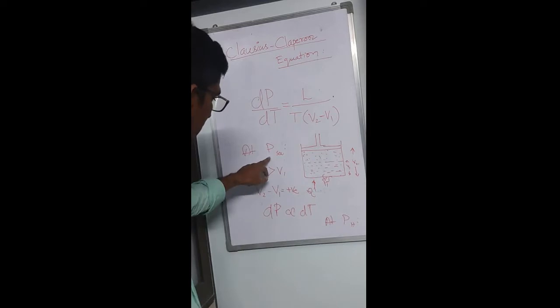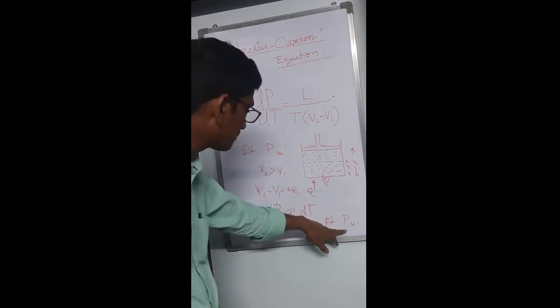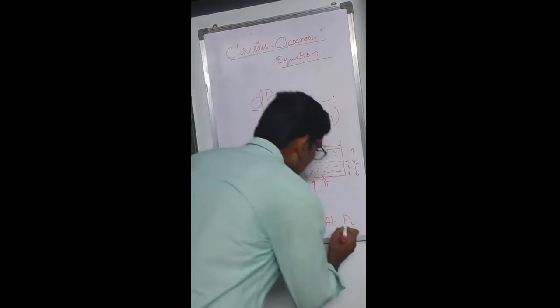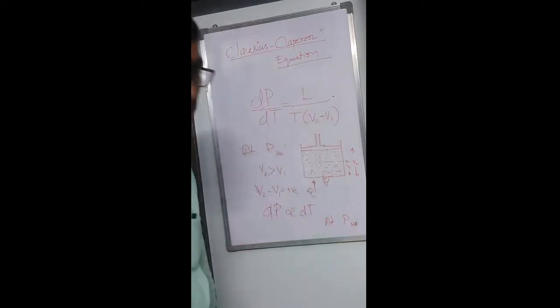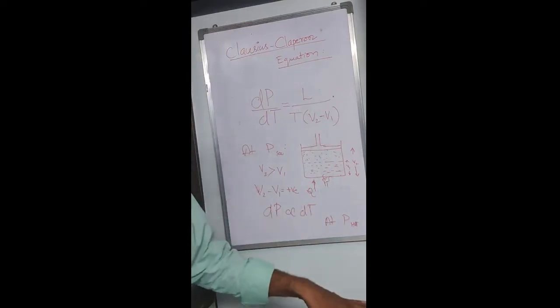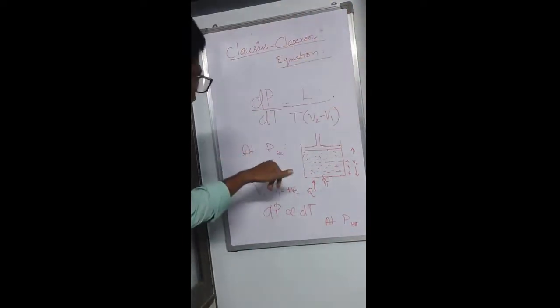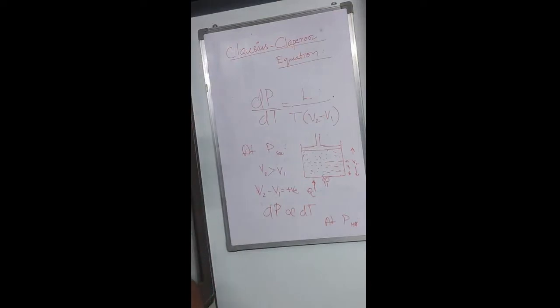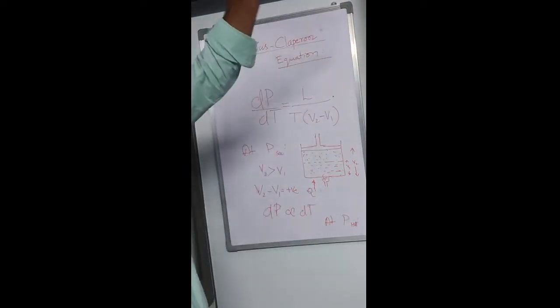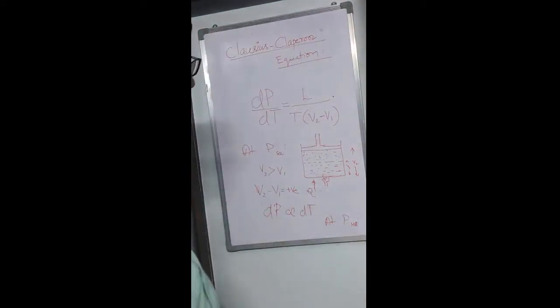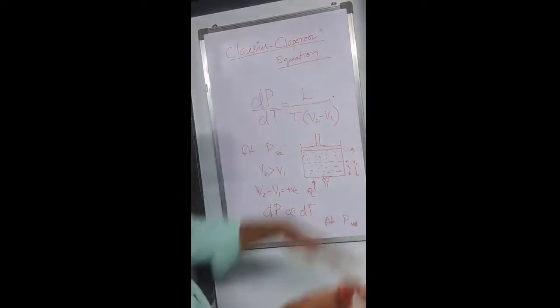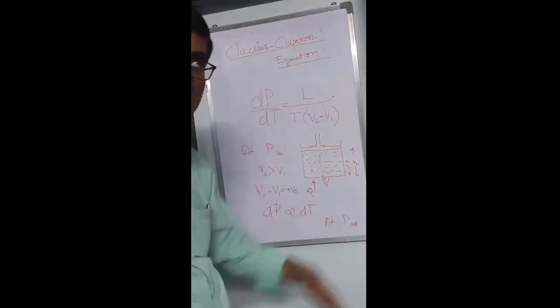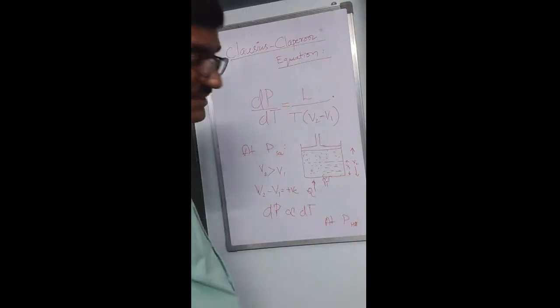Take these two pressures: where do you find more pressure, at sea level or on top of the hill? Atmospheric pressure is always high at sea level because there is a very thick blanket of air over the Earth's surface. As you move up, the thickness of this blanket decreases, so the pressure at that point decreases.